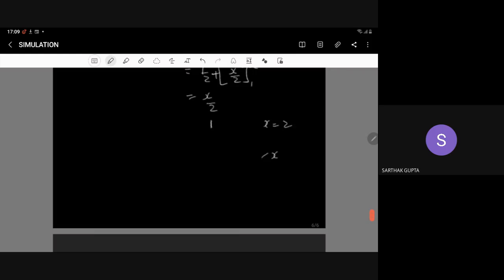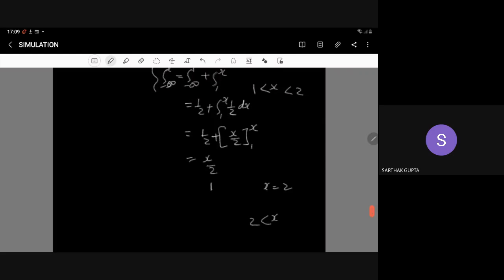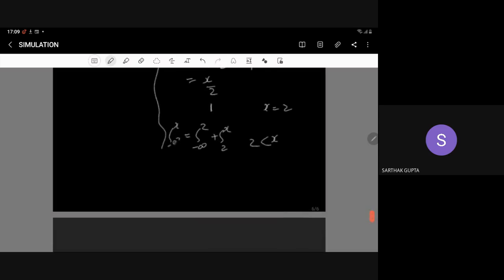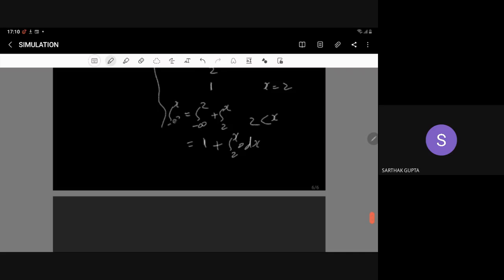Now when x is greater than 2, the integral from minus infinity to x can be written as minus infinity to 2 plus 2 to x. For this it is 1 plus the integral from 2 to x of 0 dx, because elsewhere the integrand is 0. So this will give you 1 plus 0, that is 1.